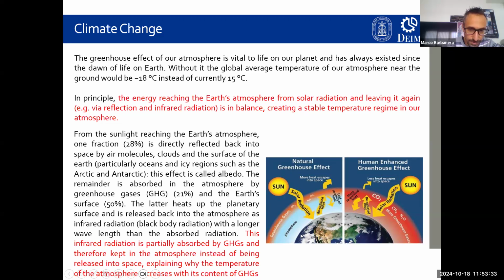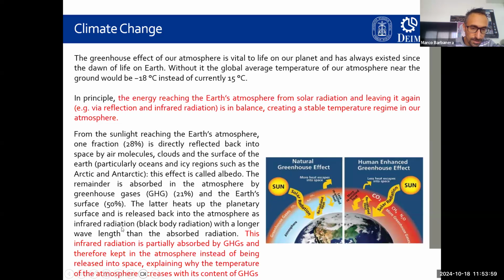So the Earth's surface increases its temperature. And then, during the day, a fraction of this energy is released back into the atmosphere as infrared radiation.